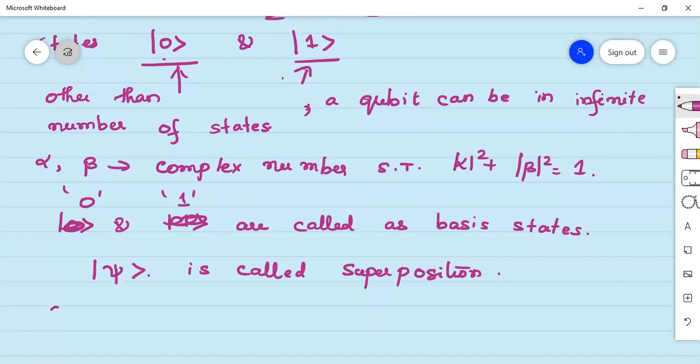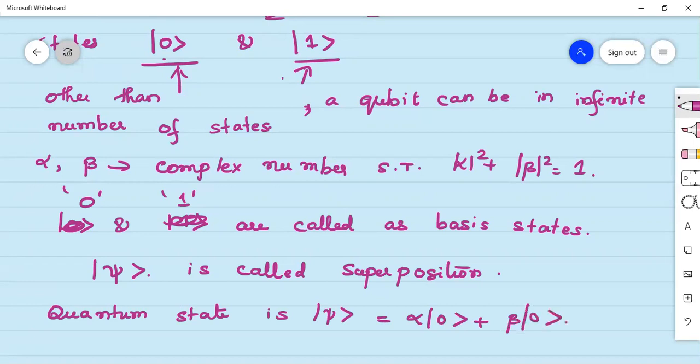And the quantum state is represented using this. I hope this is clear.